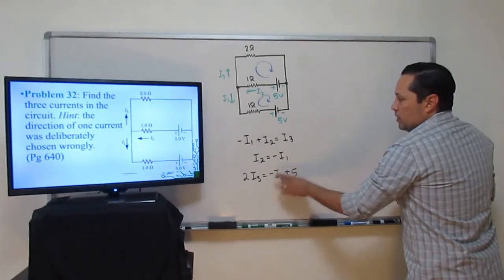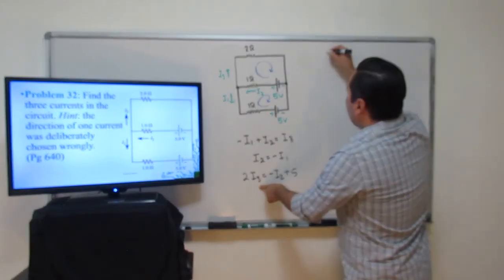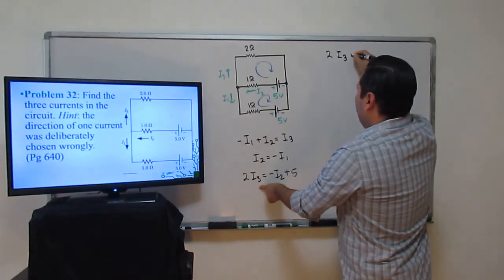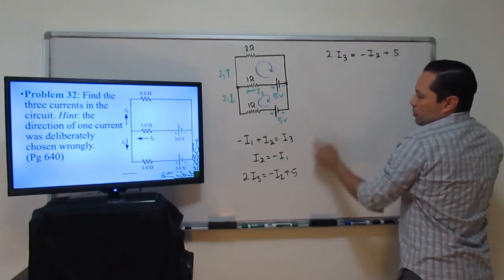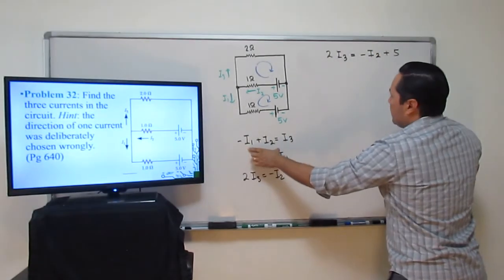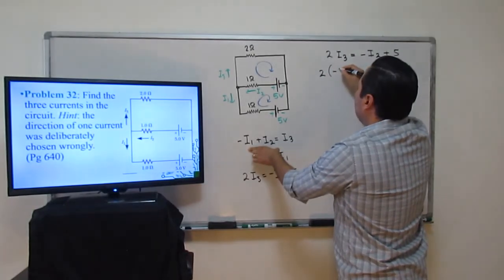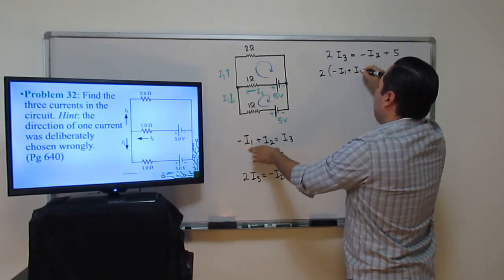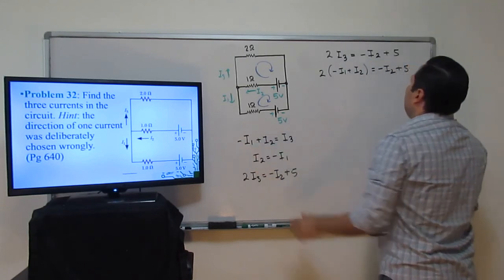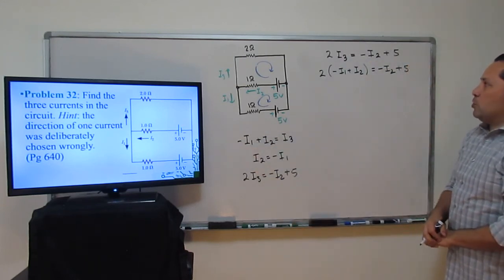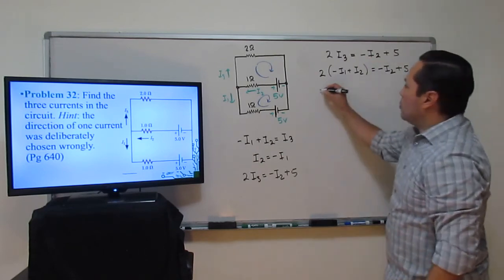So we're going to go ahead and end up with this formula. And now for the I3, we're going to go ahead and substitute this section in here. All right, so this is our first substitution. We're going to go ahead and distribute the 2. So we have the following.